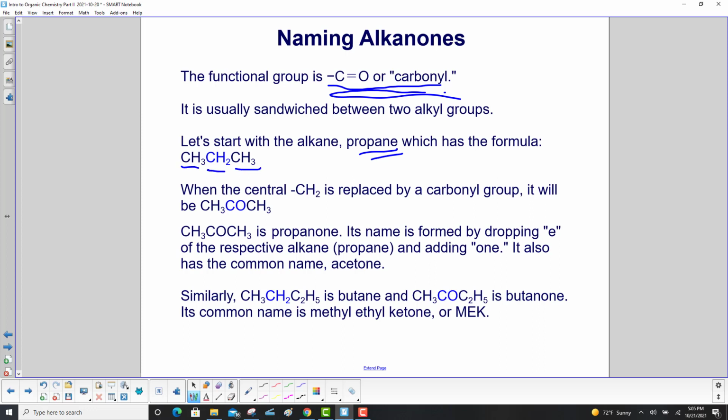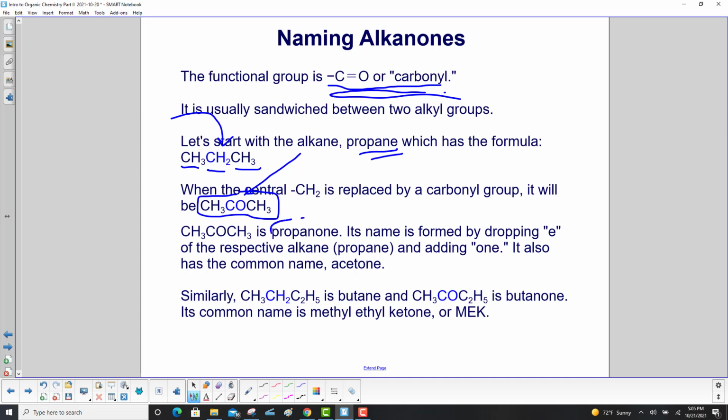When the central CH2, and hopefully you can see that's somewhat of a lighter blue, is replaced by a carbonyl group, which is CO, it will be CH3, CO, CH3. And there's our carbonyl group, again in a slightly lighter blue. That molecule now is called propanone. Its name is formed by dropping the E of the respective alkane, which is propane, and adding -one. It also has the common name acetone.